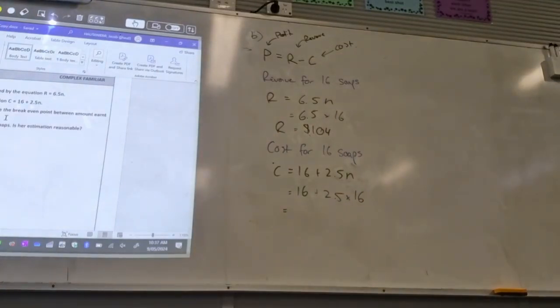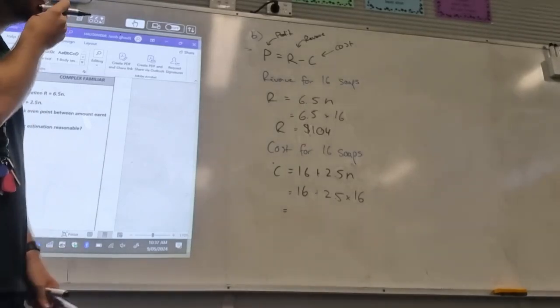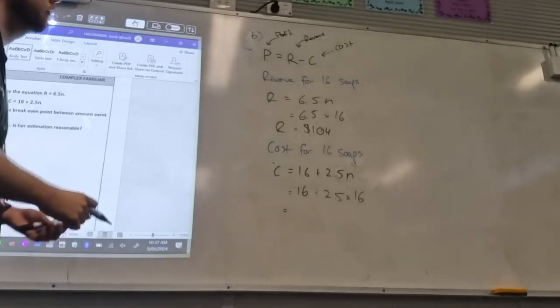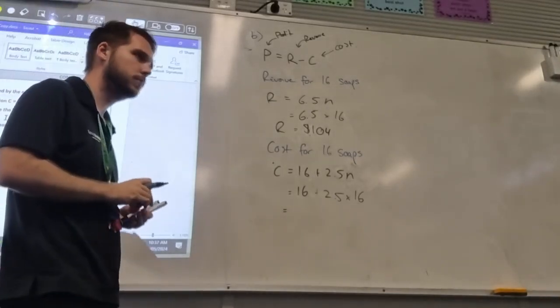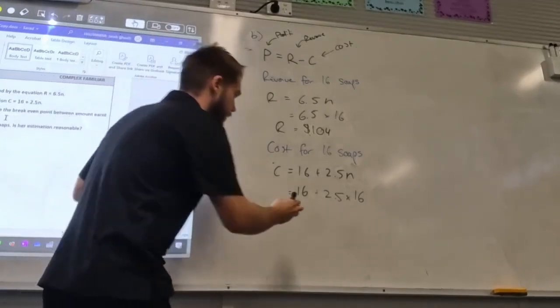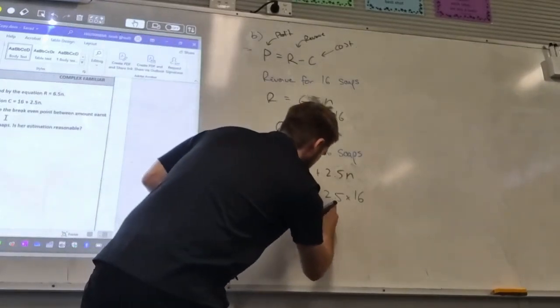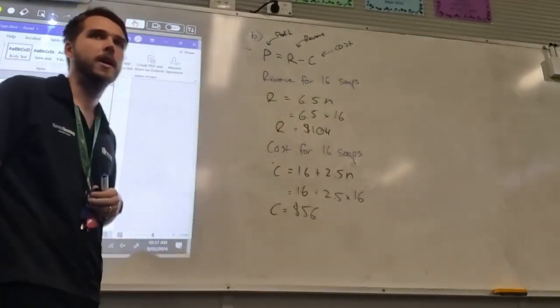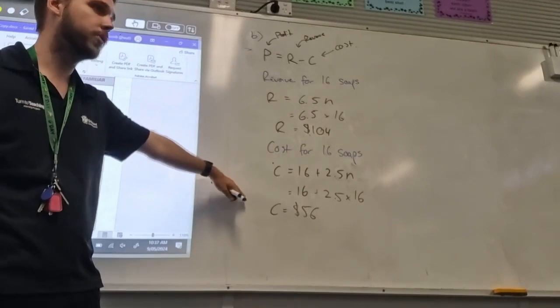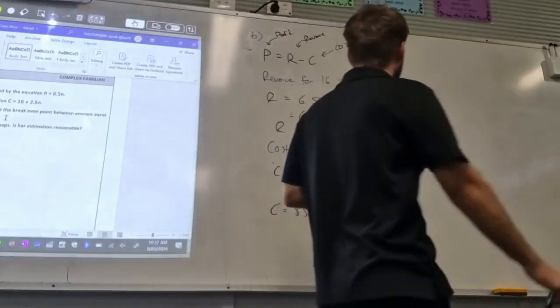Can someone please do that in the calculator for me? 16 plus 2.5 times 16. $56. So that's her cost. And because we now have both the revenue and the cost, we can figure out the profit.